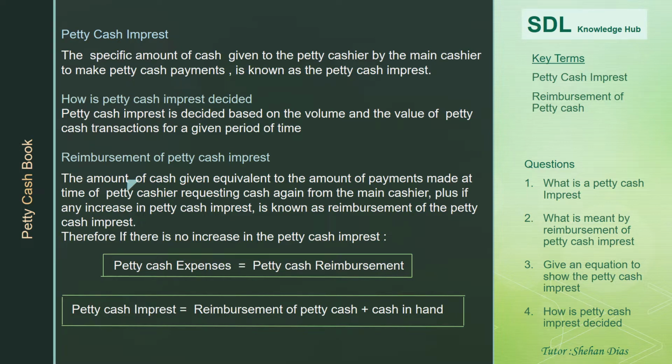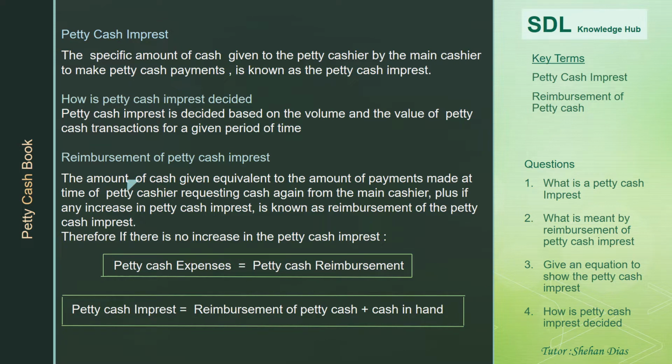Reimbursement of petty cash imprest. The amount of cash given, equivalent to the amount of payments made, at the time the petty cashier is requesting cash from the main cashier, also if there is any increase in petty cash imprest, is known as reimbursement of petty cash imprest.